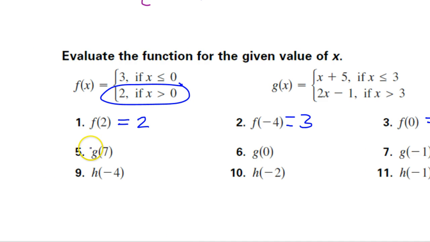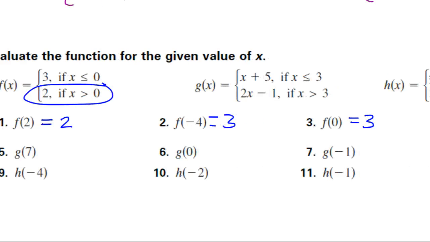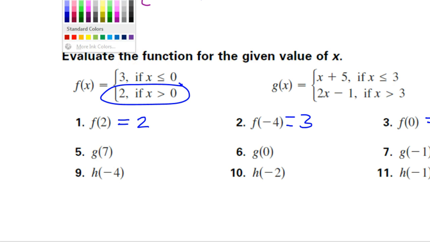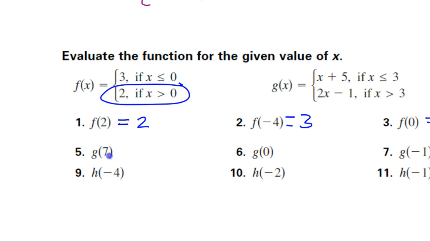Now, number 5, 6, 7, and 8 all pertain to function g. So how about the number 7? Will I be doing the top piece or the bottom piece? Well, 7 is greater than 3, so that tells me we're going to be using the bottom piece of the function.